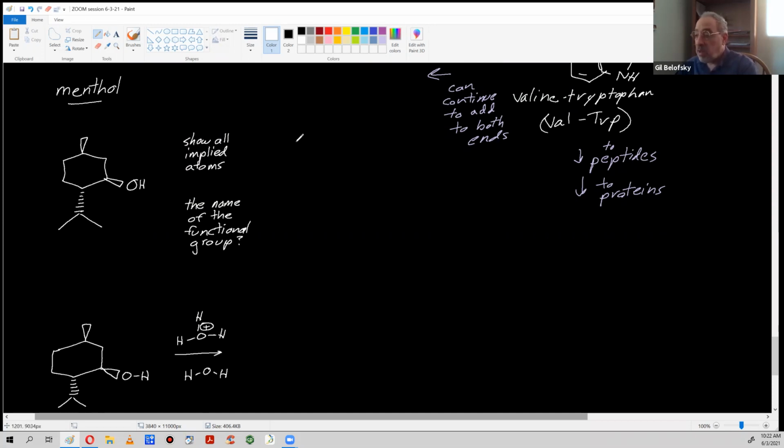You can look at a molecule like this. You should be able to draw all the implied atoms. So you should be able to redraw it like this, for example, and know where all the implied atoms are.